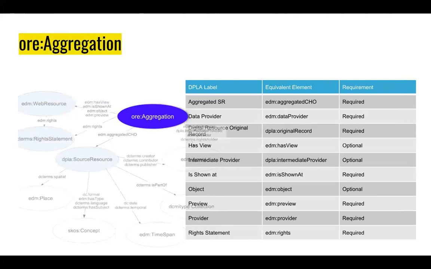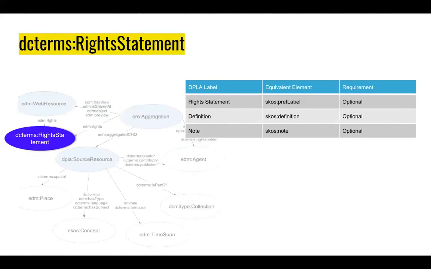But as you can see, the majority of these elements are required because they're the basic administrative information that allows us to control the management of the object.